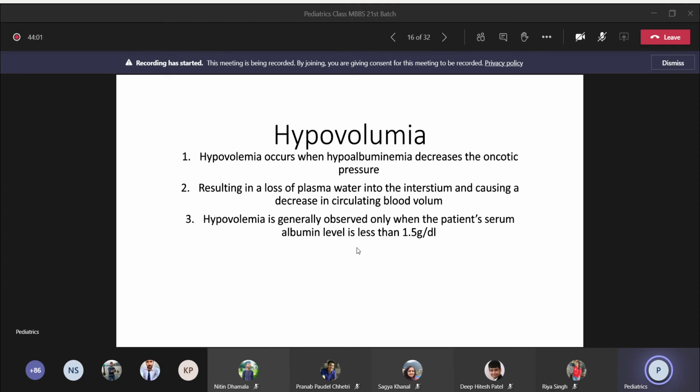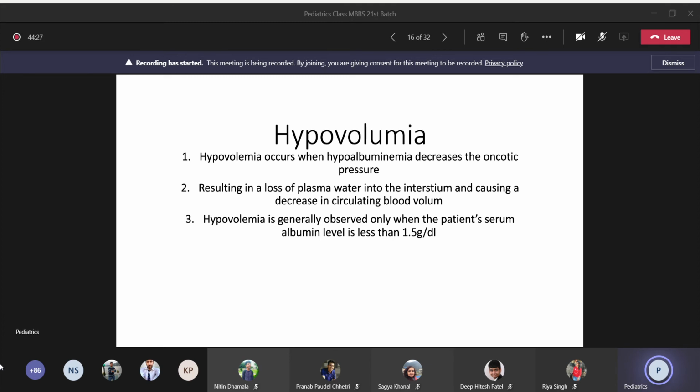And hypovolemia is generally observed only when the patient's serum albumin level is less than 1.2 gram per deciliter. Usually, edema occurs only when the serum albumin level goes below 2.5 gram per deciliter.